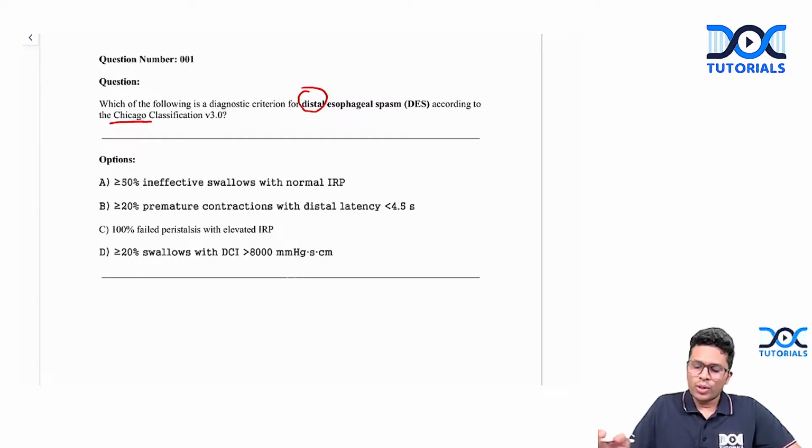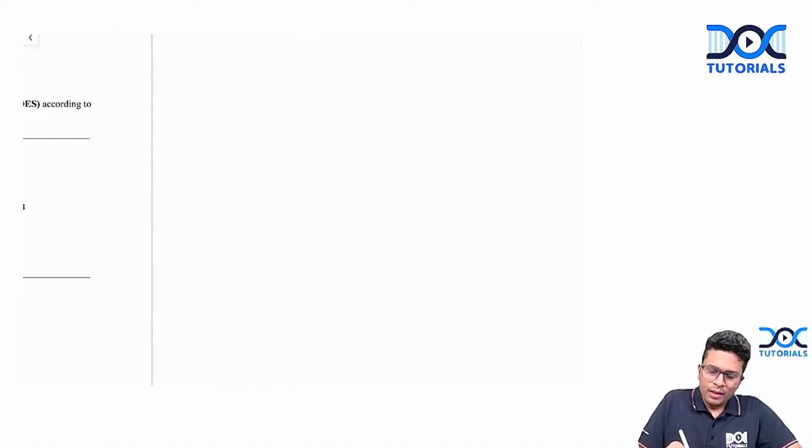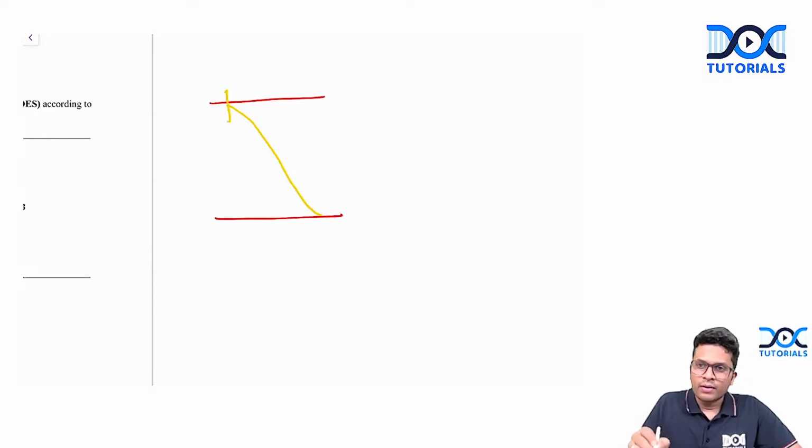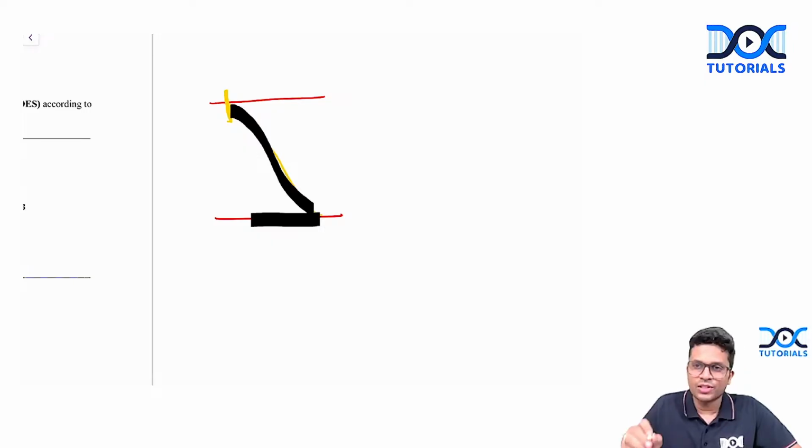We all know, and we have already discussed in various classes, that distal esophageal spasm is more like, if we do an esophageal manometry of the swallows that actually occurs, a normal swallow is like this, where there is a swallow that occurs by relaxation of the pharynx, and then simultaneously there will be some form of relaxation that occurs in the lower part, and the entire peristalsis flows like this.